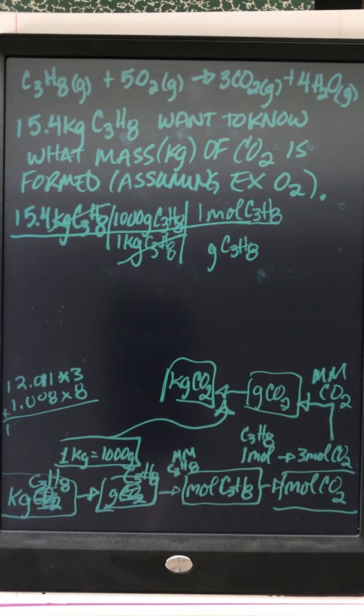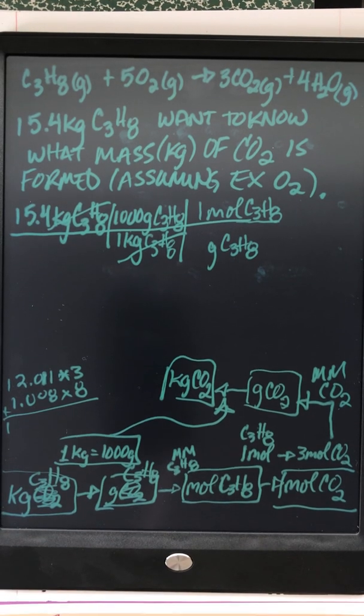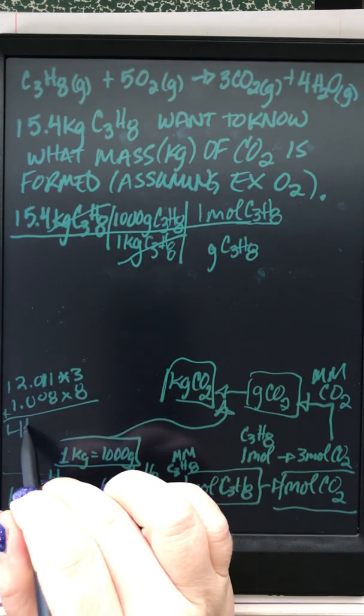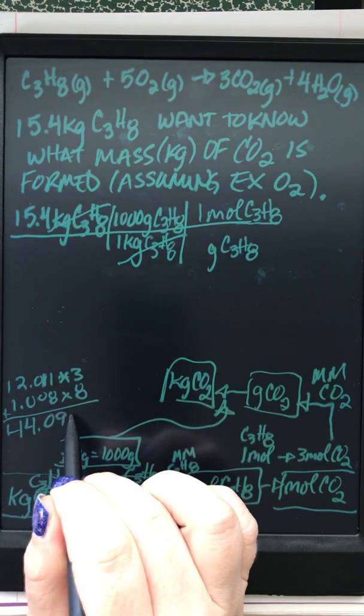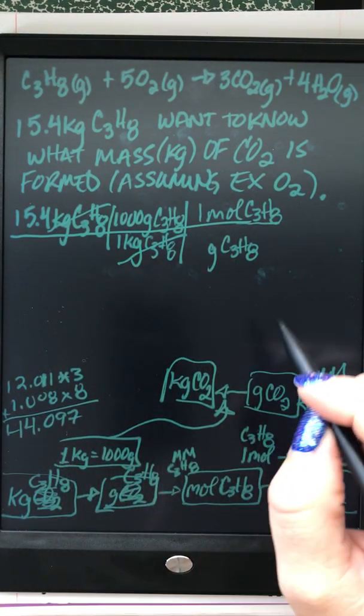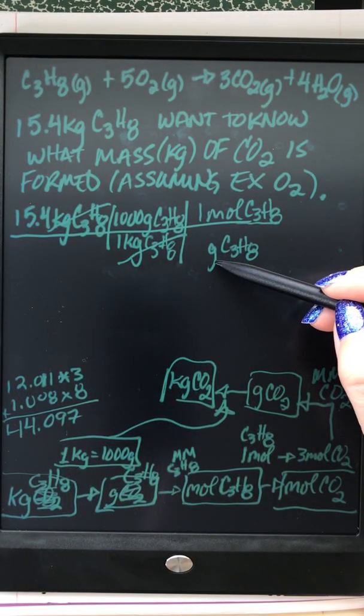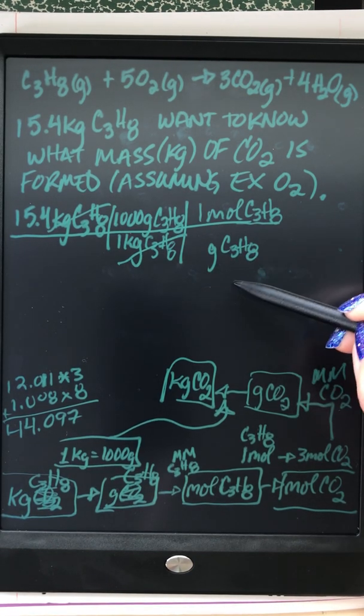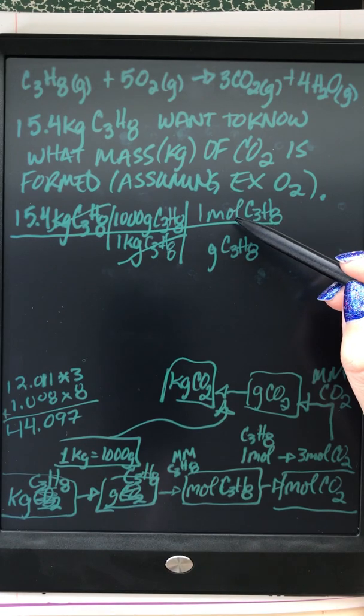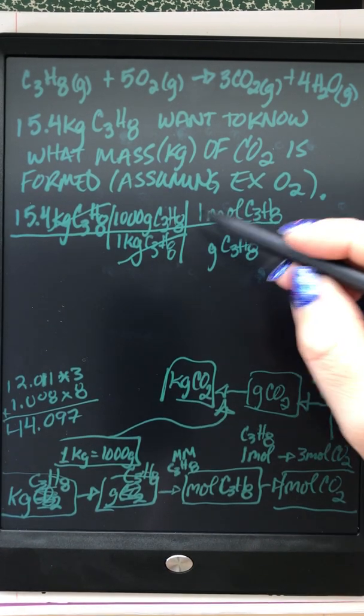That's 12.011. Sorry, you guys, it's really ugly. 44.097. Awesome. So that number belongs to grams, because the molar mass is always some number of grams per 1 mole of the compound.